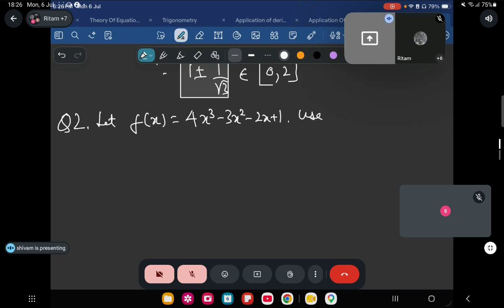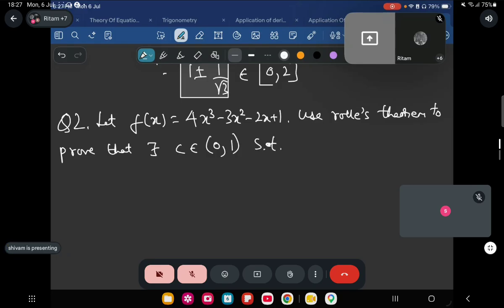Use Rolle's theorem to prove that there exists some c belongs to 0, 1 such that f of c is equal to 0.